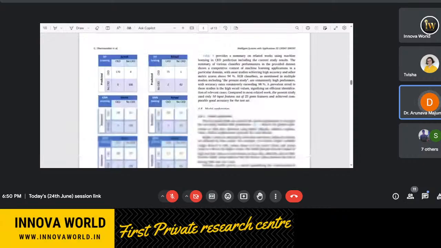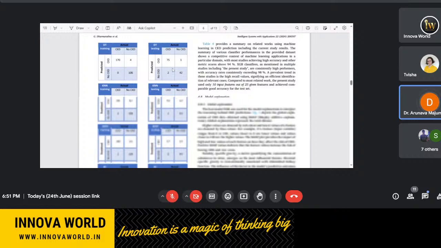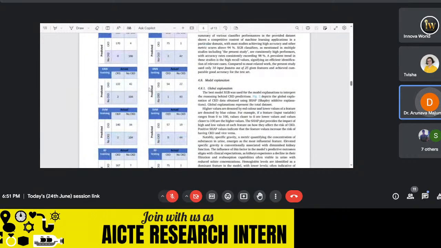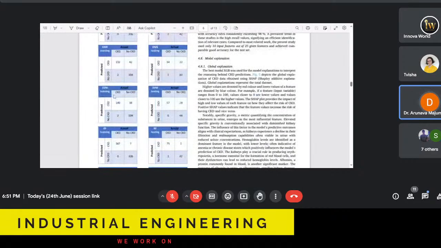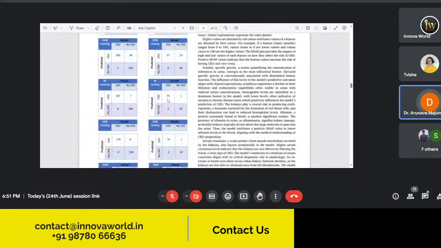Then the confusion matrices. For all cases, the first confusion matrix is DT training, the second is DT testing. Then KNN training and KNN testing. Now SVM, support vector machine training and SVM testing. RF random forest testing and training.